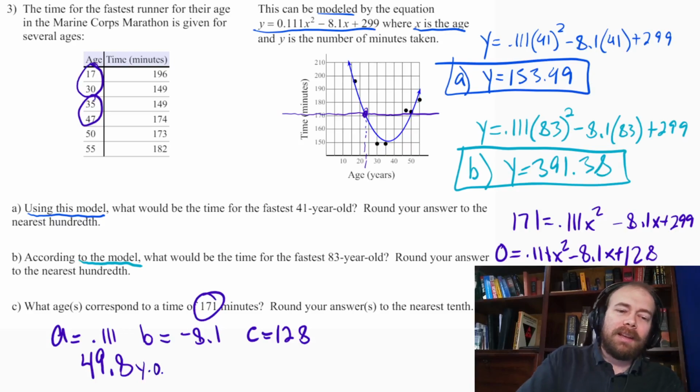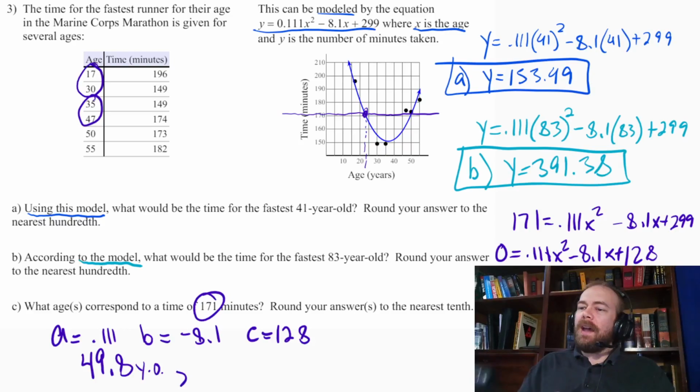And then the other one would be the minus version of that. So x is equal to negative b, so 8.1, plus or minus the square root, so minus the square root of b squared minus 4ac. 8.1 squared minus 4 times 0.111 times c, all over 2a. So 2 times 0.111.